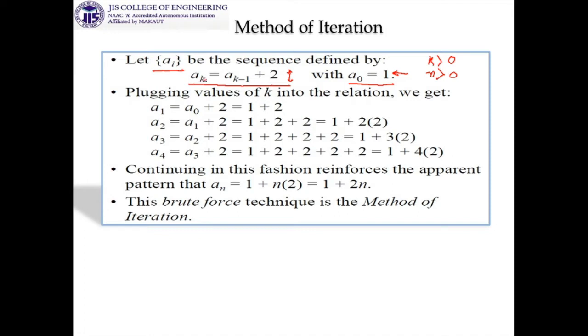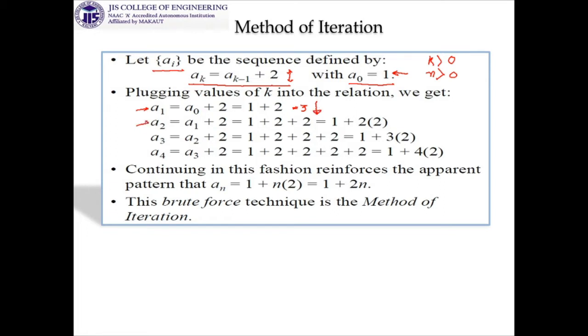So a1 is equal to a0 plus 2. a0 is given as 1, so 1 plus 2. Someone can write it as 3, but we will always restrict ourselves from writing any composite value, because we are trying to identify the pattern through the consecutive terms.